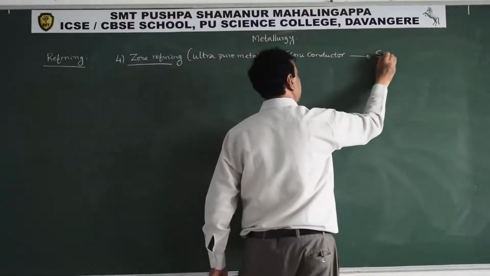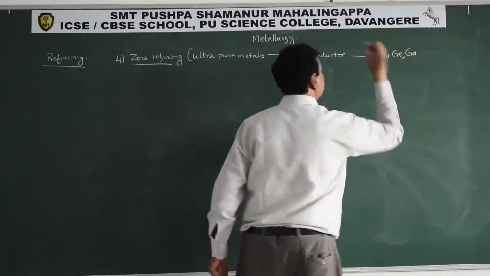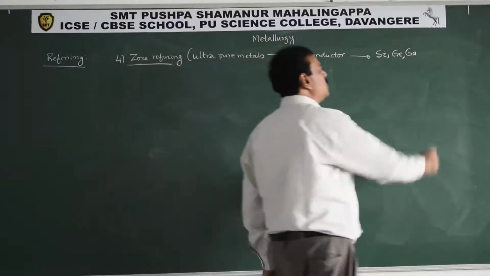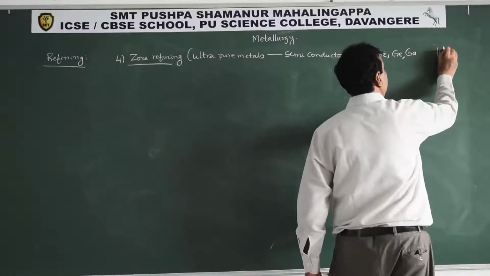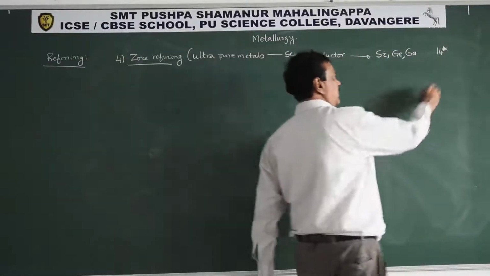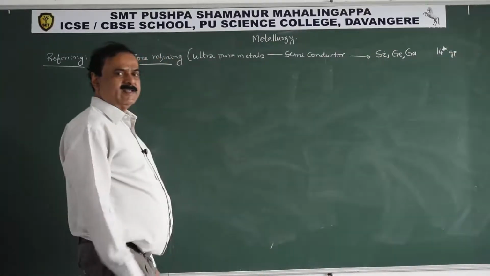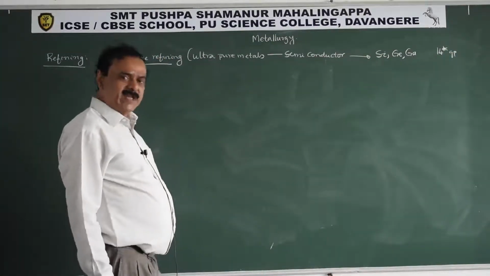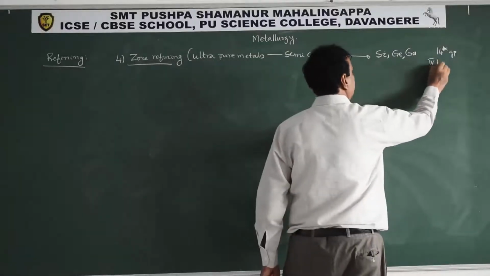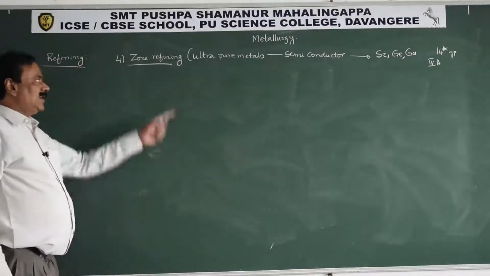Usually silicon, germanium and gallium. Usually they belong to the 14th group of the elements. 14th group elements are used in our semiconducting devices, or the 4th A group of the metals. Is it clear?